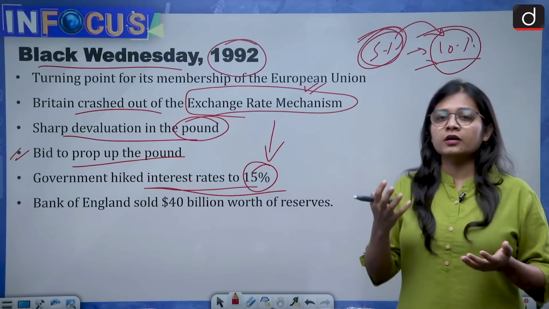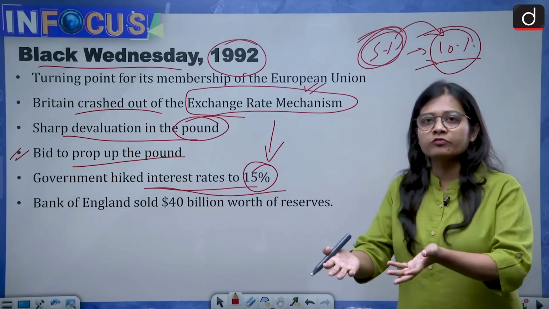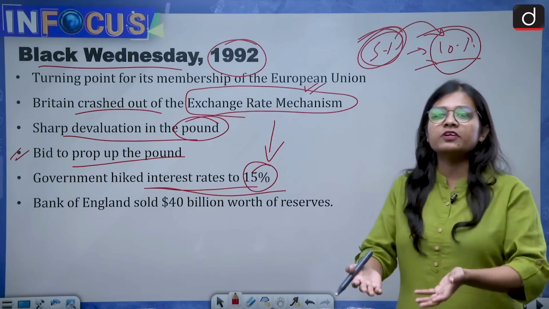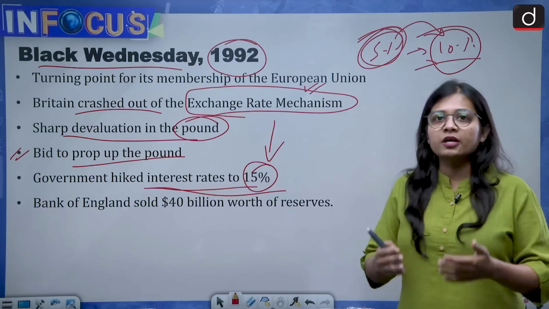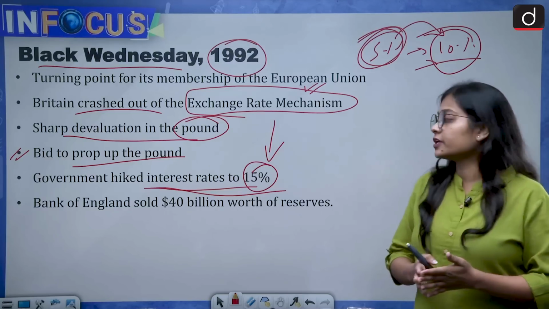That is why a country increases the interest rate, so that people do not move out of the country to invest their money, and the money remains in the same currency and the same country.